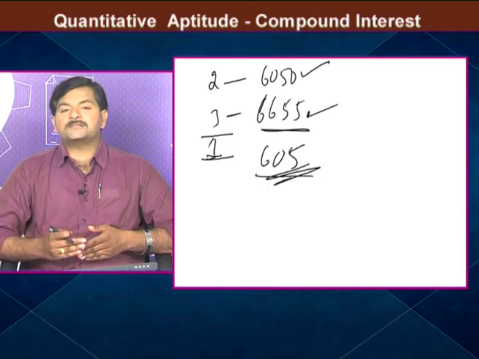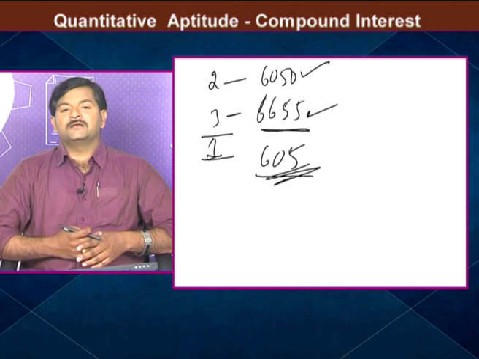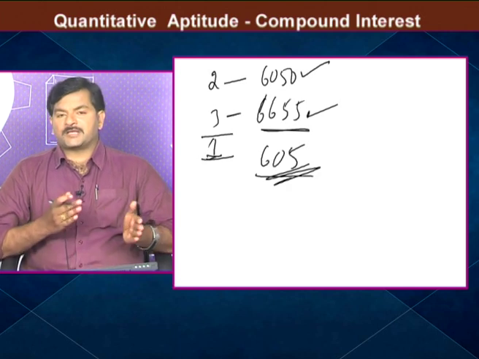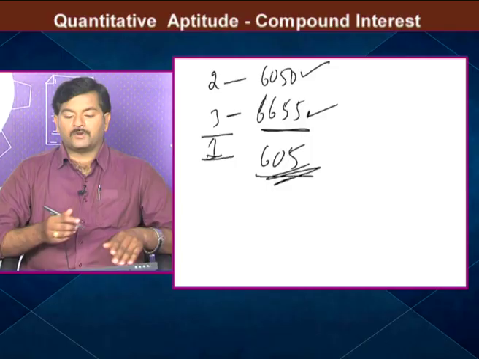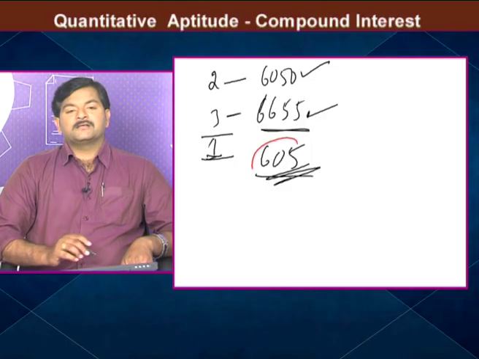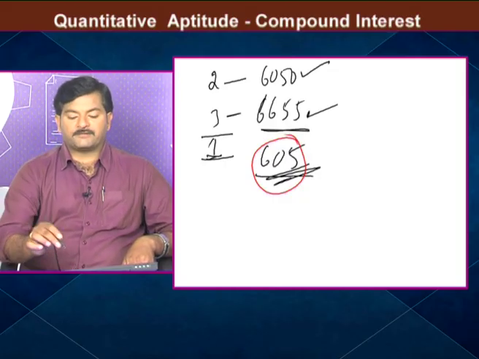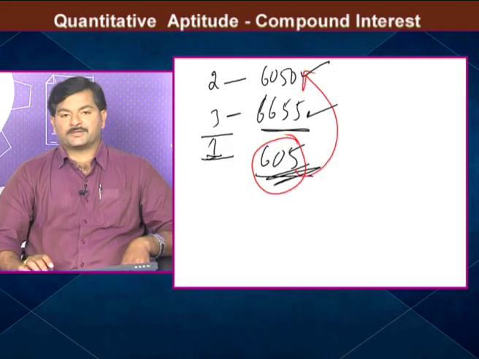The third year amount is considered as principal for the fourth year, the fourth year amount is principal for the next year, and it keeps going on. So I am receiving 605 interest on 6050 rupees.